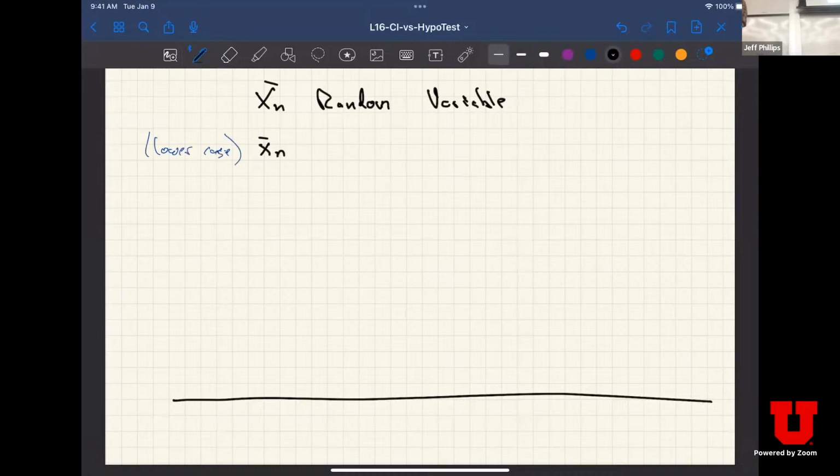On the exam, you should be able to clearly see if it's lowercase or uppercase. I can plot specifically xn bar here. This is an actual observation.